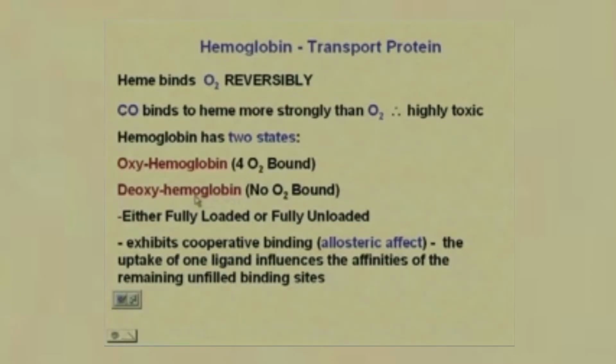No oxygen bound is deoxyhemoglobin. So we would have deoxyhemoglobin at a low pressure of oxygen. We would have oxyhemoglobin at a high partial pressure of oxygen. And we have an all or none situation where it's either oxy or deoxy, and it exhibits cooperative binding.